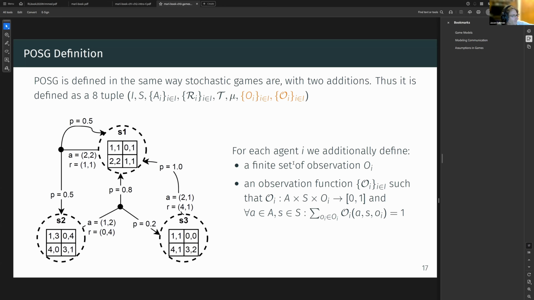But now the observation function will basically produce the probability of observing something from the state action pair that was seen in the environment.